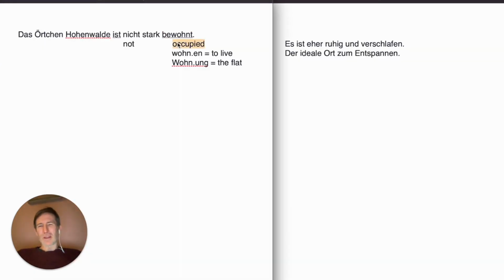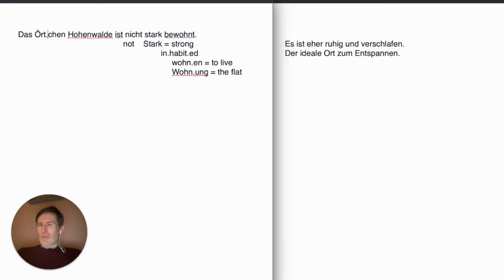Inhabited, thank you for that. Inhabited. So habitus or habit is not the habit you know, it has to do with location or living. Habitat, a natural habitat. So it's not habited. Stark, if you know the Avengers, Tony Stark, Stark means simply strong. So it's not strongly inhabited.